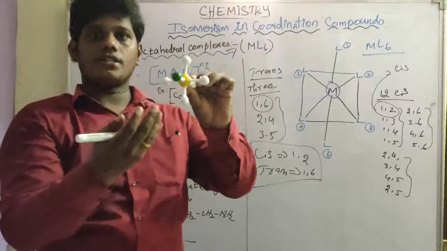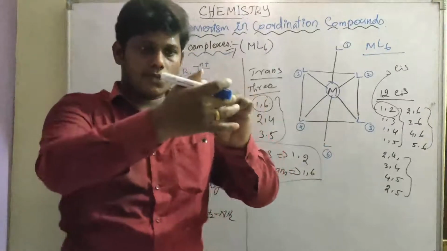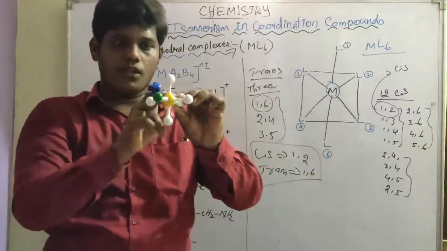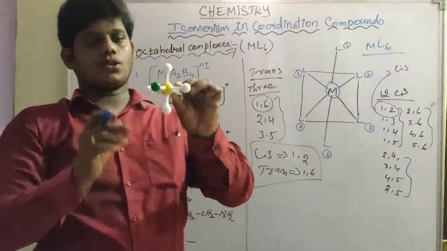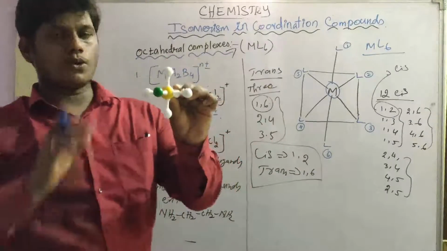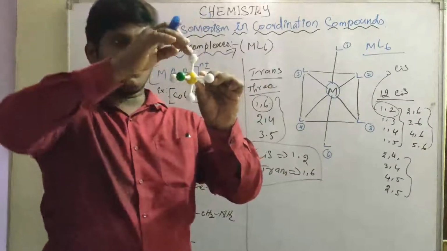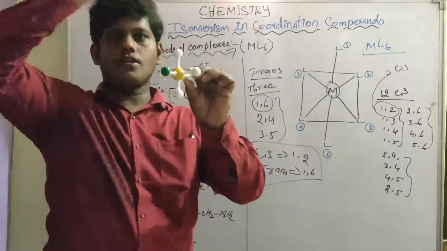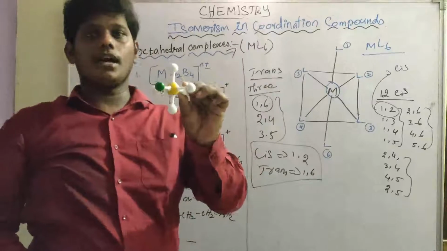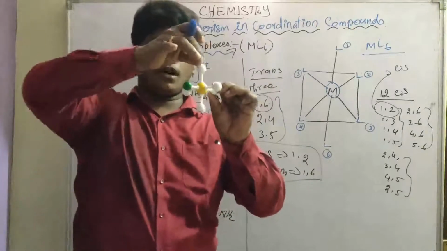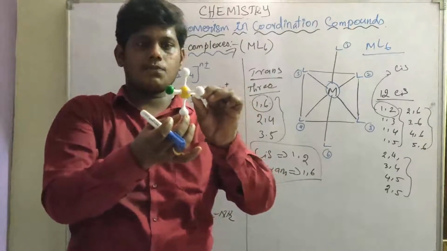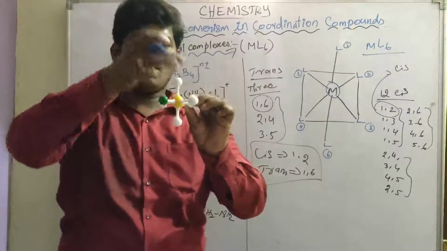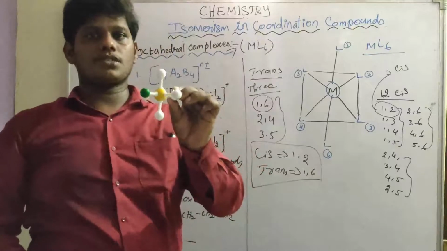Below the plane, 4 cis positions are present, and also in planar shape: 2-3, 3-4, 4-5, 2-5. So 12 cis positions are present. Don't get confused, 1-2 is a cis position. Similarly the trans position: 1-6 is called a trans position, and also 2-4 and 3-5 are trans positions.